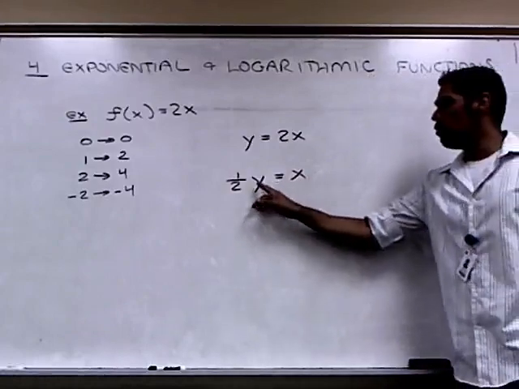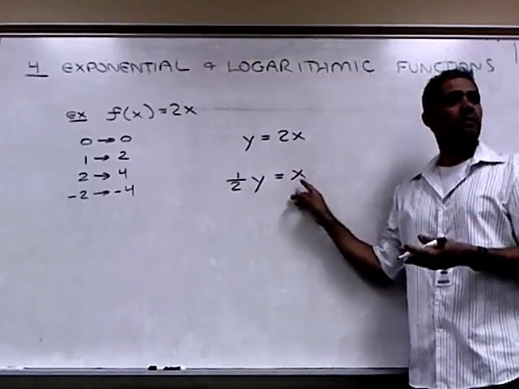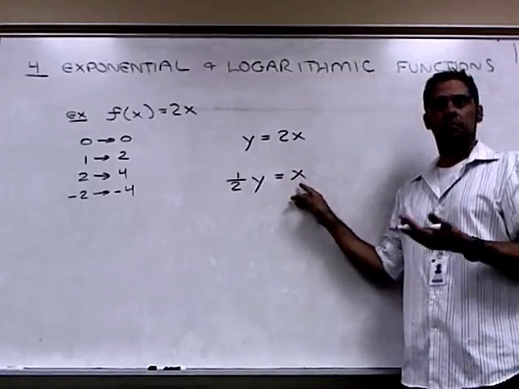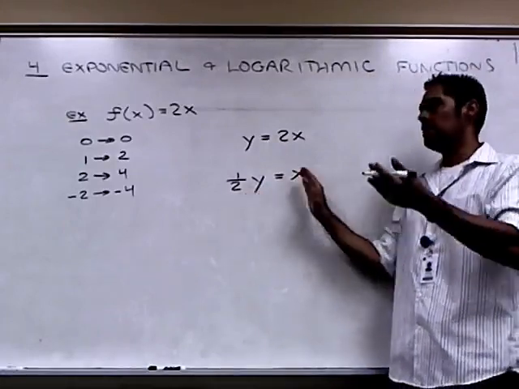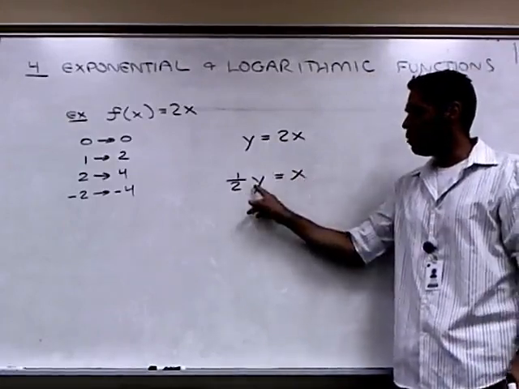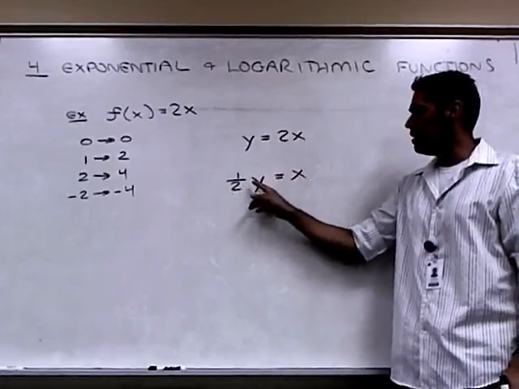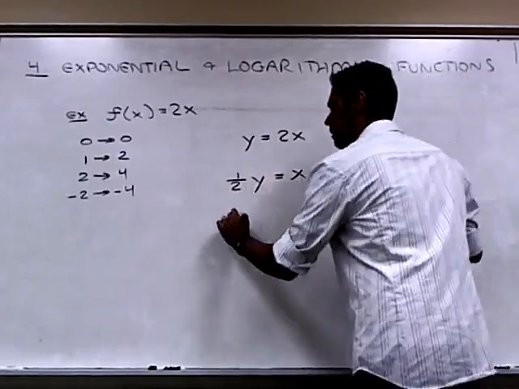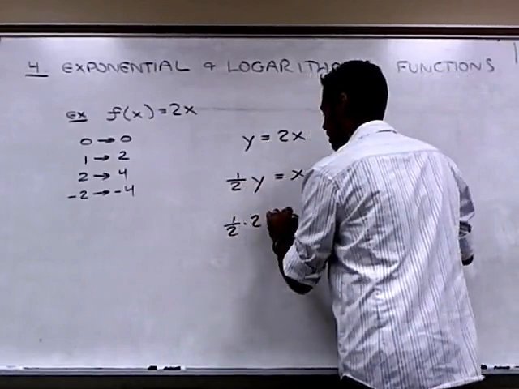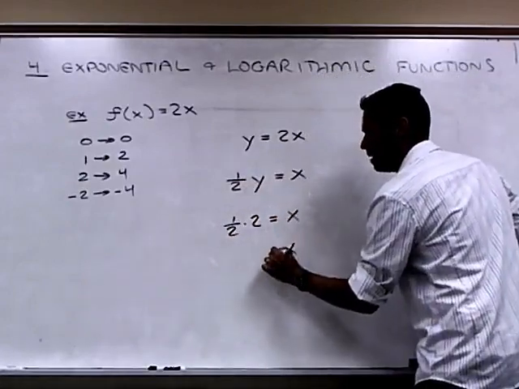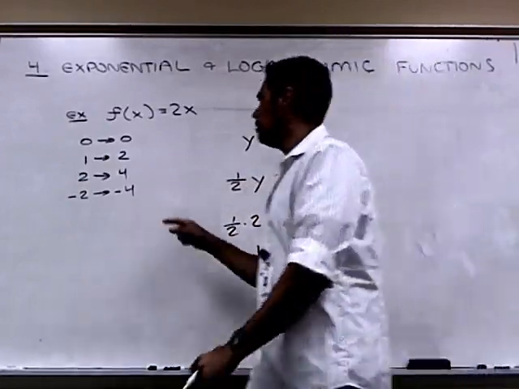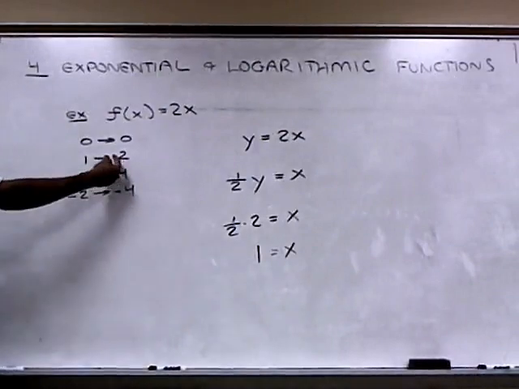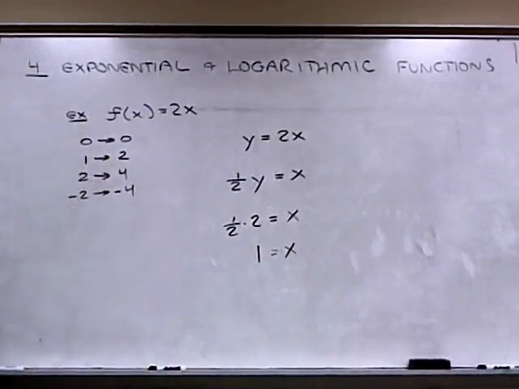Now, if I give you a y, are you going to get only 1 x? Yes? If I give you 2, you're going to only get one thing, right? If I plug in 2 here for y, what happens? Half of 2 is 1. So if I plug in 2 for y, then x must be 1. And is that where it came from? Did 2 come from 1? Yes. You see?